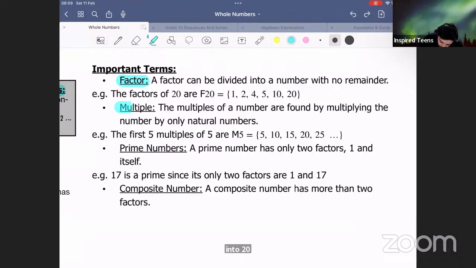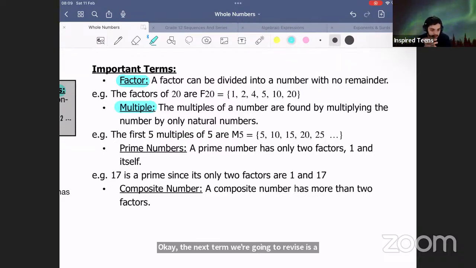The next term we're going to revise is a multiple. The multiples of a number are found by multiplying the number by only natural numbers. So basically a multiple is your multiplication timetable. Let's look at the example. It says the first 5 multiples of 5 are 5, 10, 15, 20, 25.